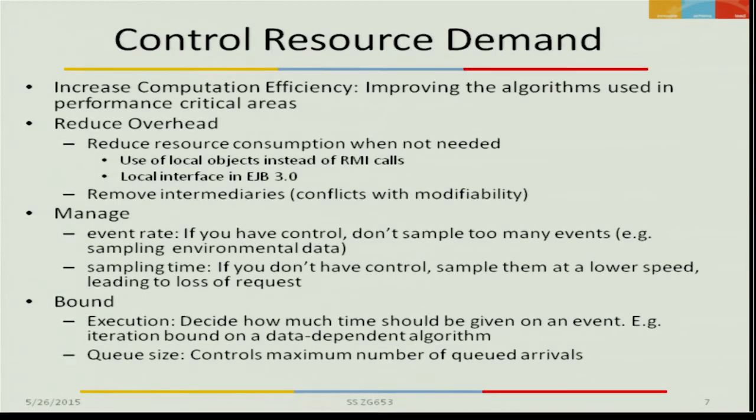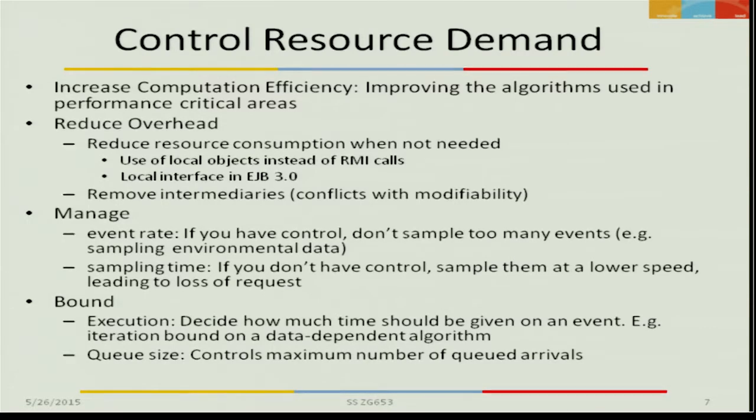One can decide how many iterations the algorithm should continue, depending on either the data type, or how close the result is to the optimal solution, or to what extent the results are varying. Depending on various criteria, one can decide to terminate it. This is called bounding the execution time.